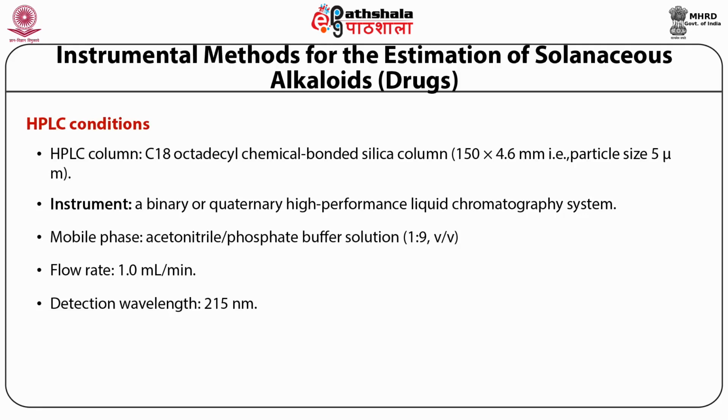Column temperatures and injection and detector temperatures are varied as per the sample requirement. The mass is set for monitoring of ions. For example, for hyoscyamine it is 261, for scopolamine it is 375, and atropine 364. This is particularly for their silylated derivatives.